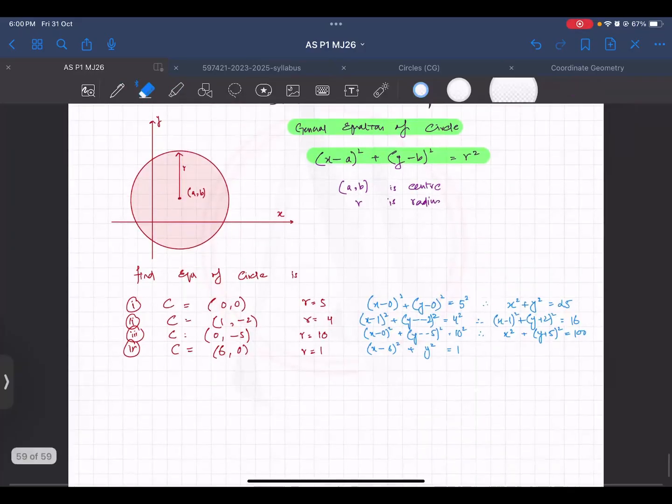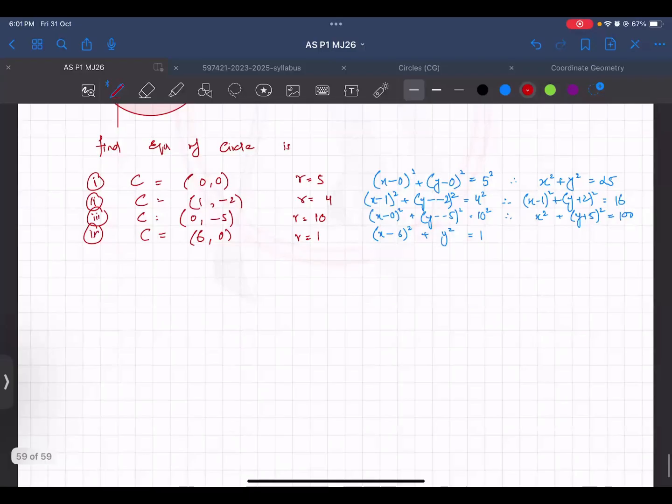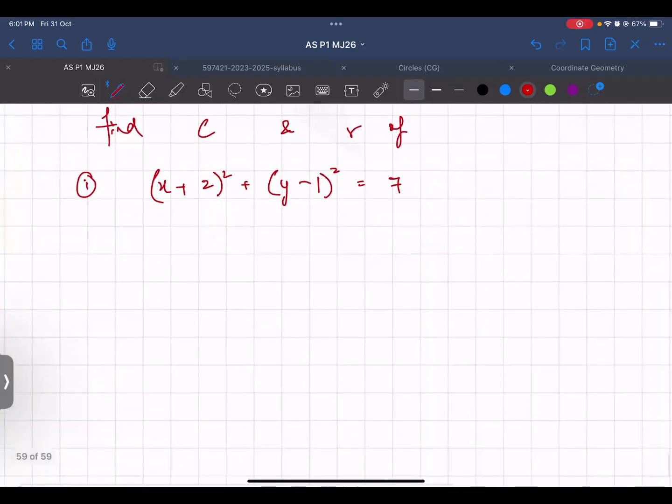Similarly, they can give you the equation and then ask you to find the center and radius. So for this one, you will compare it with the general form which you have learned.